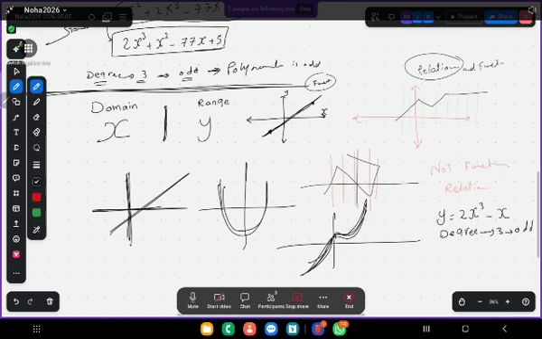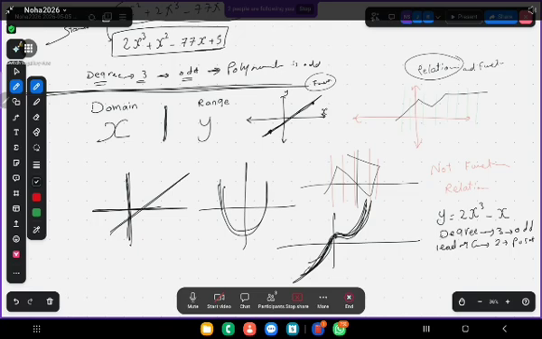And what else can I take from this graph? The leading coefficient, very good. The leading coefficient is 2, which is positive, right? Okay, very good. So here my result must be left down, right up.